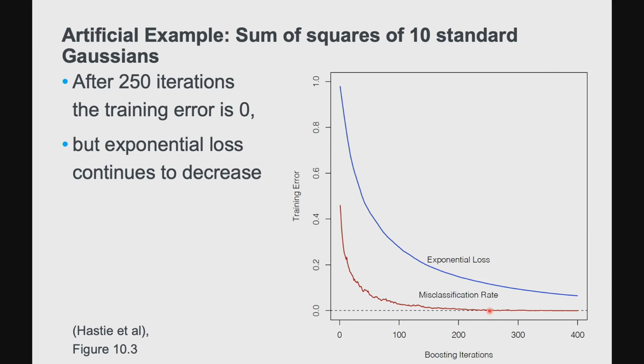But when we look at this, the exponential loss still gets smaller. The misclassification cannot get any smaller than 0, right? When you look at the 0-1 loss, once you have classified everything correctly, there's nothing you can improve anymore. But the exponential loss decreases further.